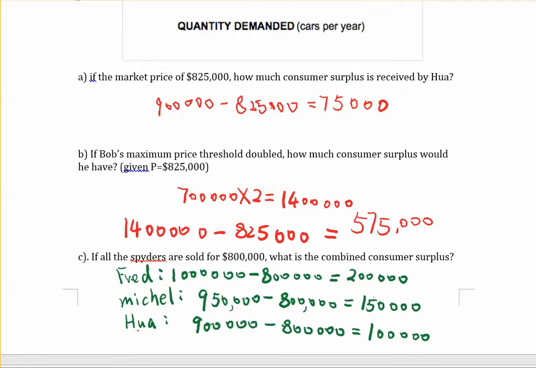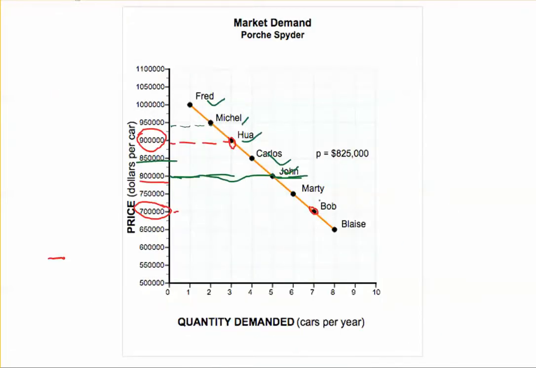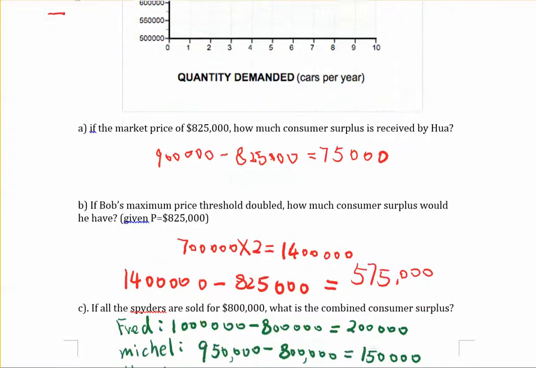So Carlos's consumer surplus is $850,000 minus $800,000, so we get $50,000. The last person is John. John's maximum amount of money he wants to pay is $800,000.